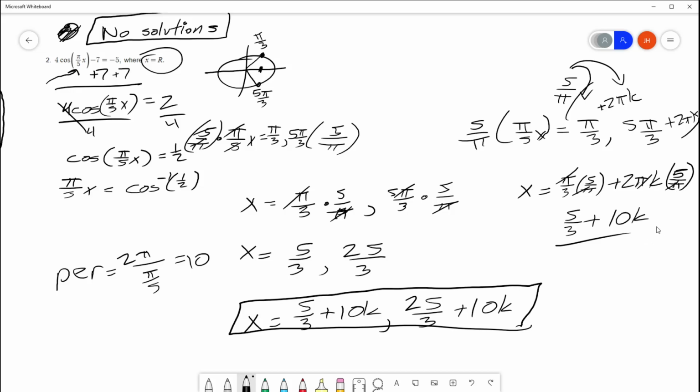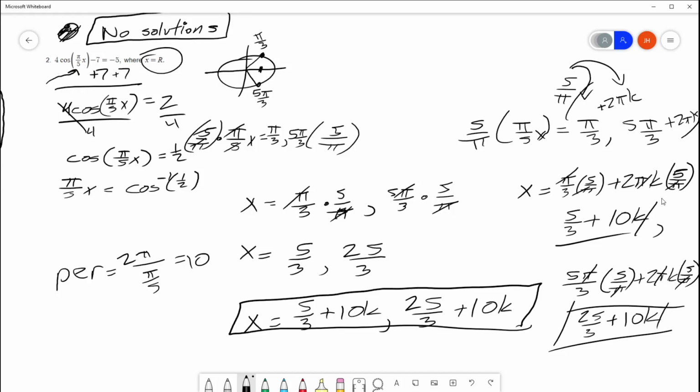And then for the second one, I have 5 pi over 3 times 5 over pi plus 2 pi k times 5 over pi. And same thing happens. The pi's cancel, and I get 25 thirds plus 10k.